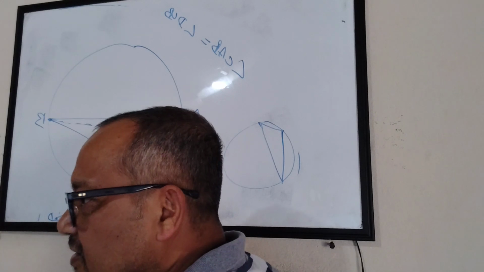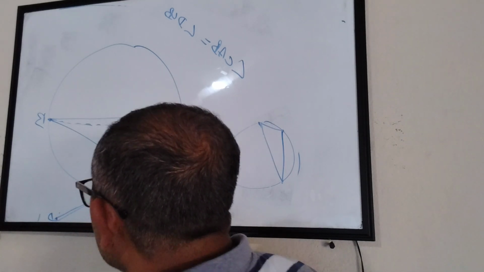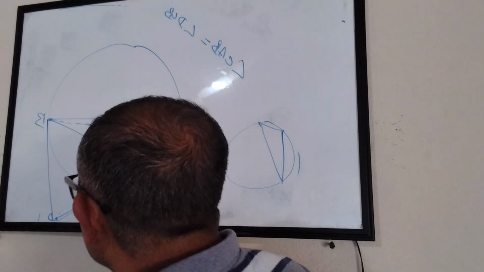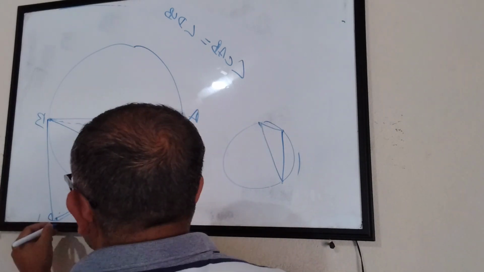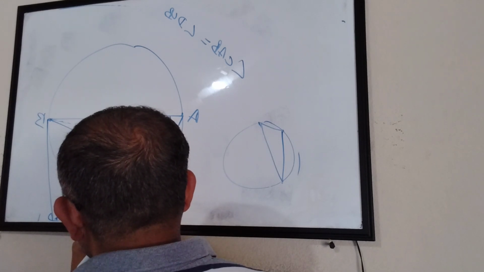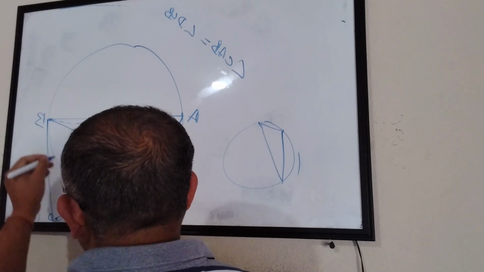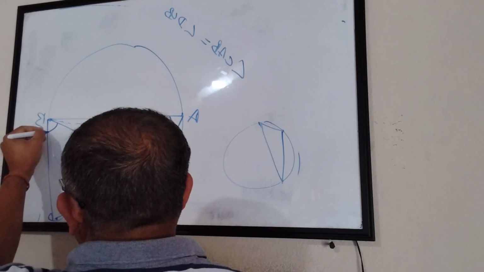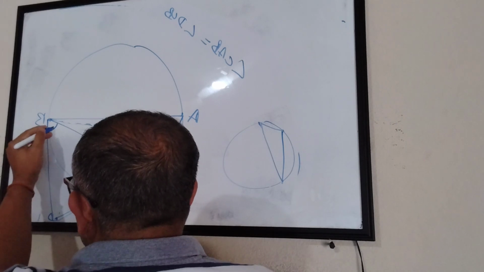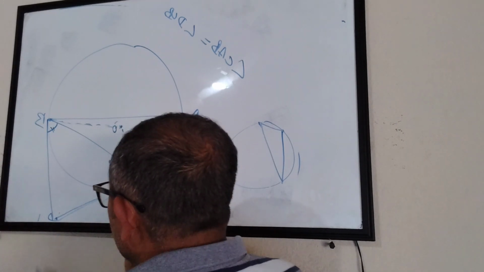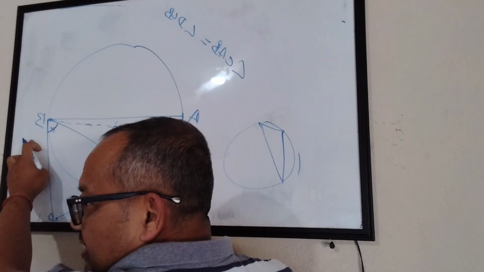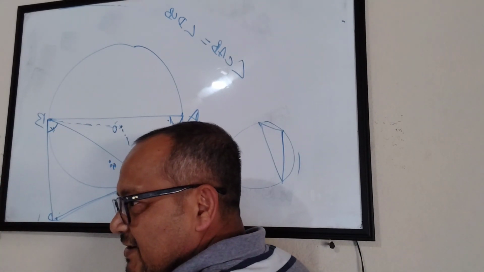If you draw a tangent on B, that would mean CD and BD are equal, and CB are also equal. Then this and this are equal. That means these are isosceles triangles. This angle and this angle will be same. But our goal is to prove this angle equal to this angle. We have still proved the outside one.